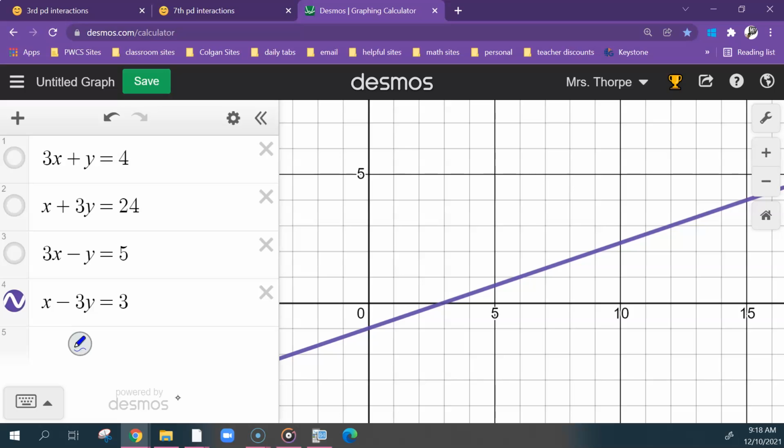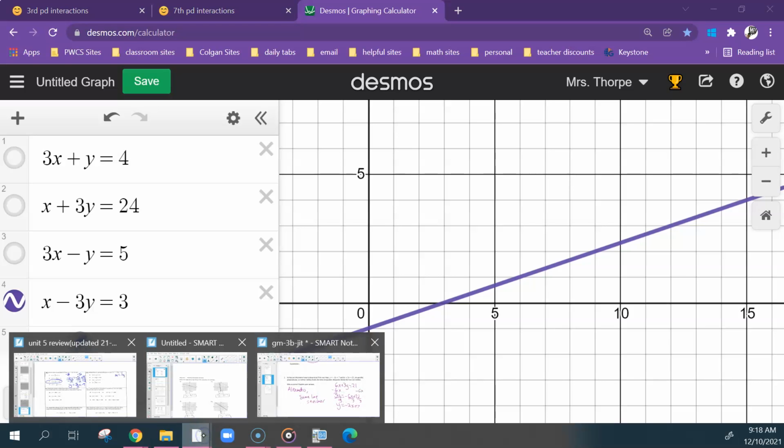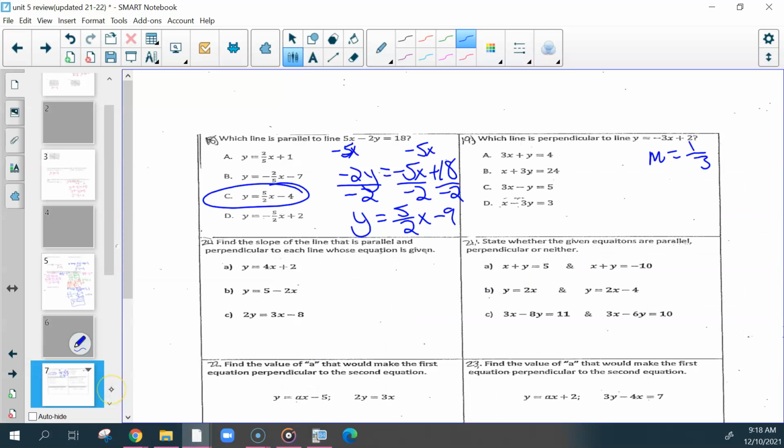You have 3x and then y, x and 3y, 3x and -y, and x and -3y. So because the x and 3y gave us -1/3, if we had that same format but switched the signs, so x and -3y would give us the positive 1/3. If you were solving it by hand.